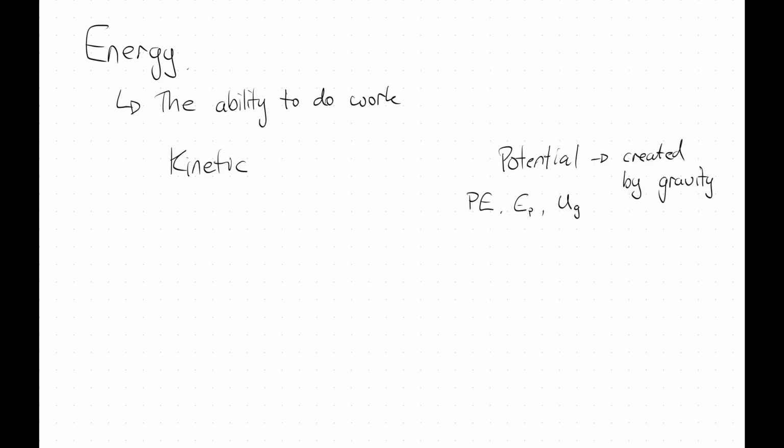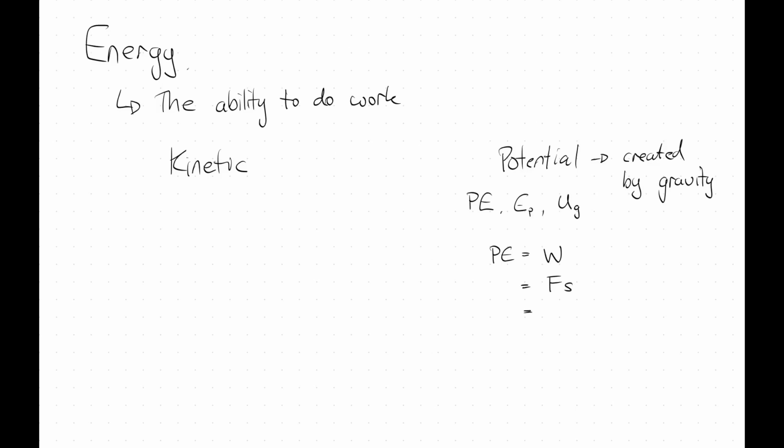Energy has the ability to do work, so our potential energy is going to be equal to our work. Work is equal to our force times some displacement. If we're talking about gravitational potential energy, the acceleration is going to be g, the acceleration due to gravity.